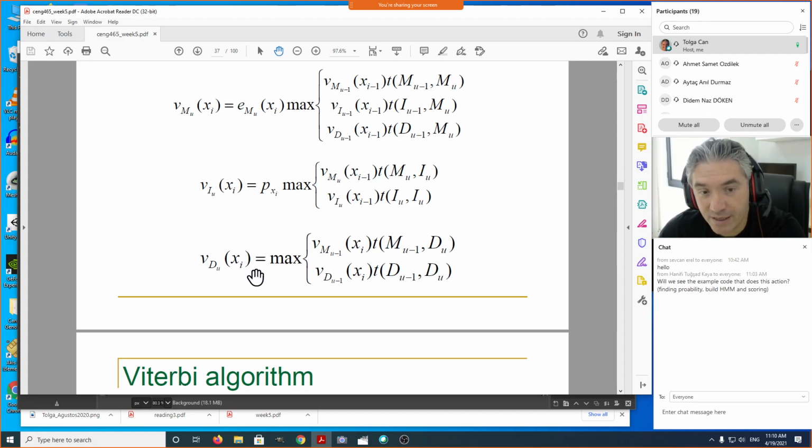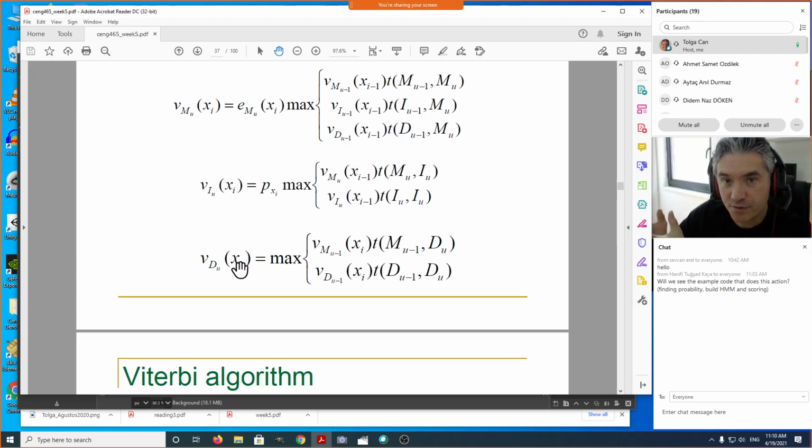Another important thing, which is a result of this observation, is that the ith symbol observed at delete state D does not mean that the ith symbol is emitted at D. The ith is the last symbol we have observed up to now. We have observed certain symbols, and xi is the last symbol we have observed. When you're currently at a delete state, it means that xi should have been emitted at some previous match state or insert state, because delete states do not emit anything.